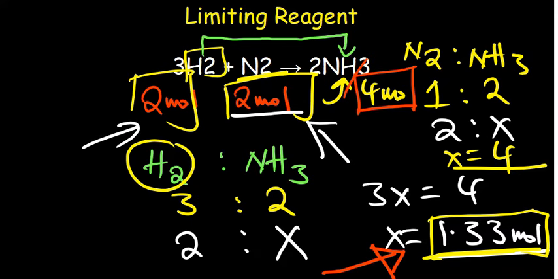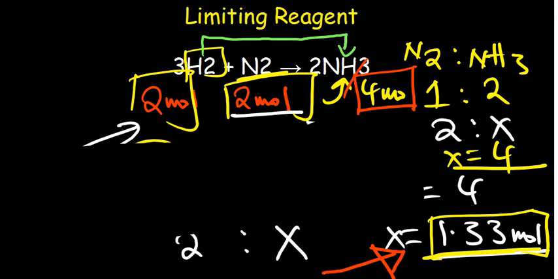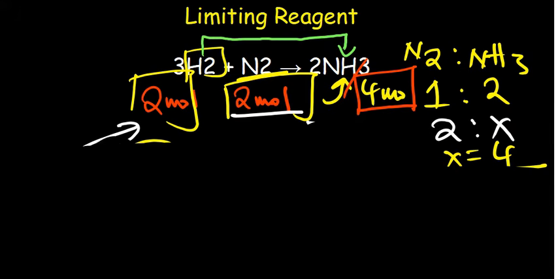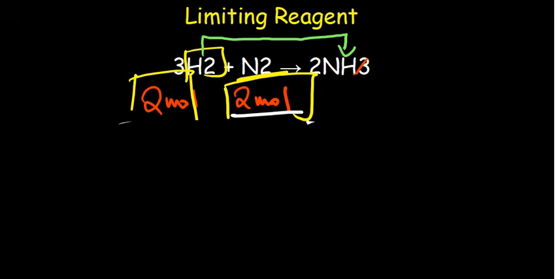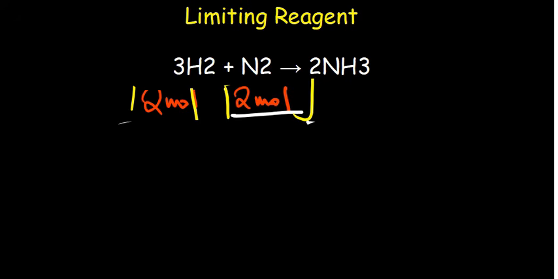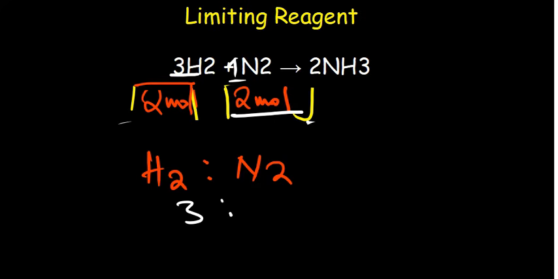So there can be questions asking you to determine the number of moles of the excess reagent that had reacted, all those questions. In that regard, you have to compare the reactants. The limiting reagent has been determined to be hydrogen, so use the hydrogen and compare it against the other reactant, which is nitrogen. Now you realize that these are in the ratio of 3 to 1, right? So how many moles of hydrogen did we have? 2 moles.